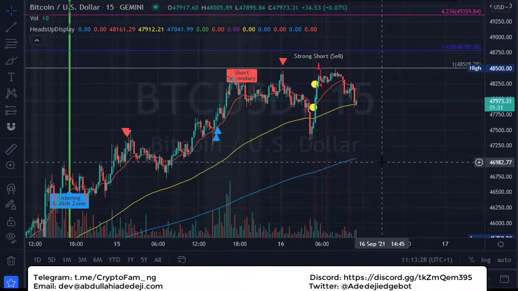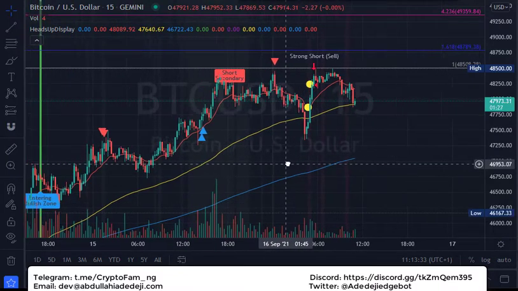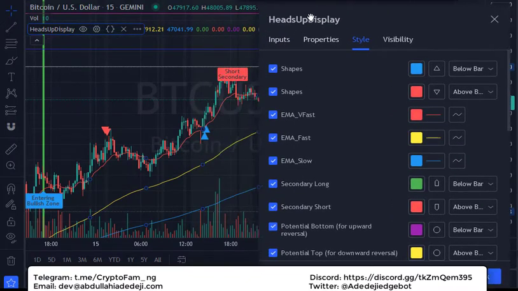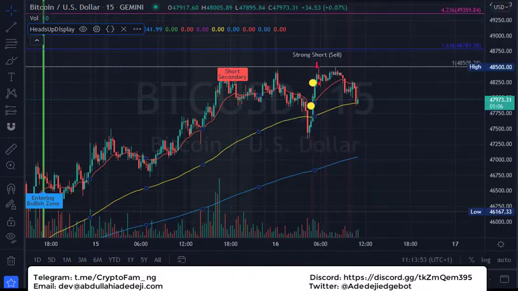Right, so now the second part of this video is we'll be looking at the different displays on the screen. We already know that the triangles are signal primary 2, we can turn that off. We've looked at that. And the EMAs, we've got 3 of them: red, yellow, and blue.